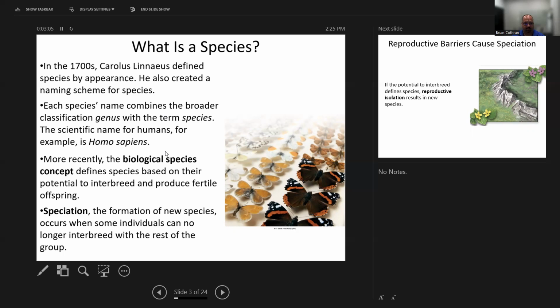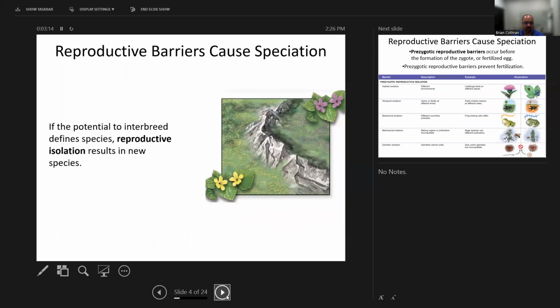Speciation is the formation of a new species that happens when individuals can no longer interbreed with the rest of the group. They become their own species. There are reproductive barriers that cause speciation. If the potential to interbreed defines species, reproductive isolation results in new species.